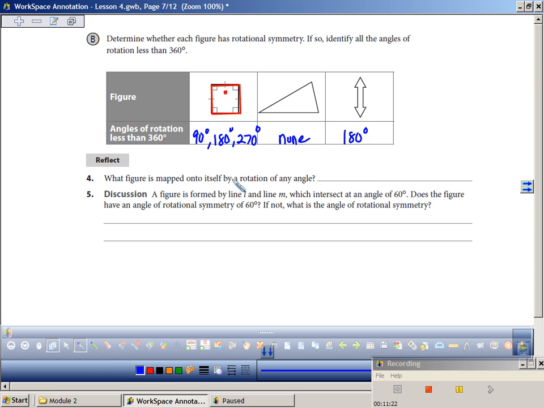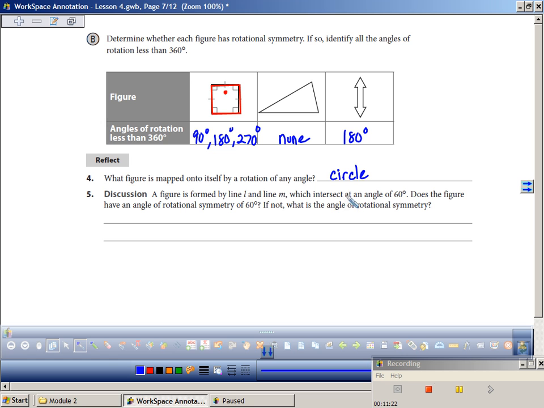What figure is mapped onto itself by a rotation of any angle? Joe? A circle. Good. How many angles of rotation would a circle have if you moved it by 1 degree each time?